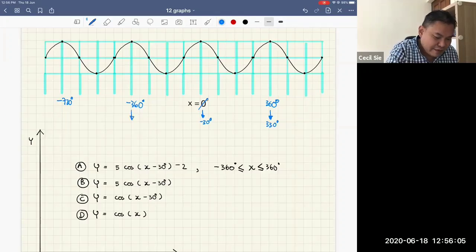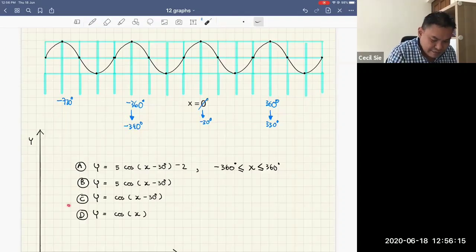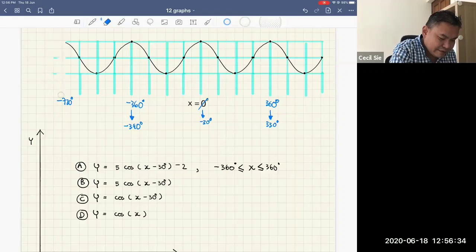This one will turn into negative 390. And we finished drawing graph C. And don't forget the y value here. I think we erase this part.